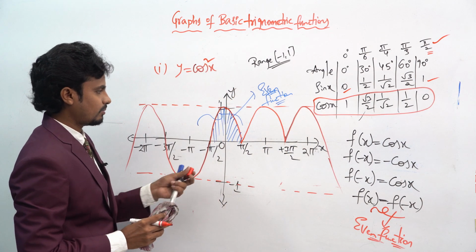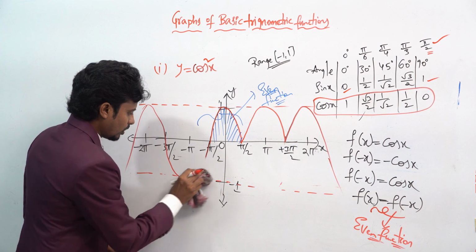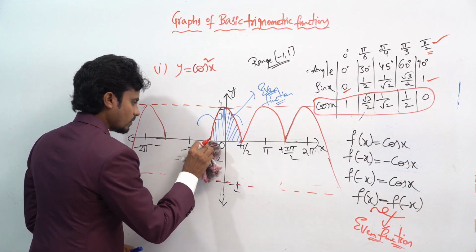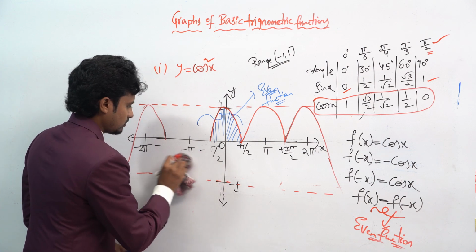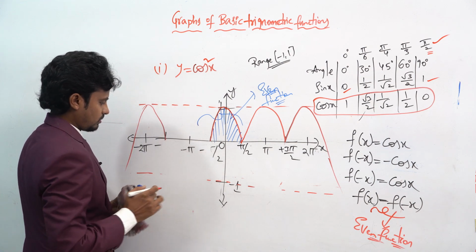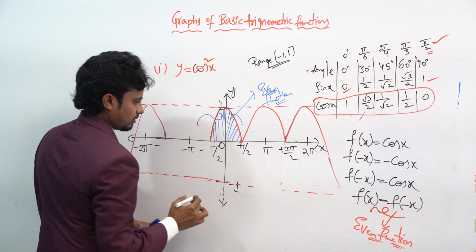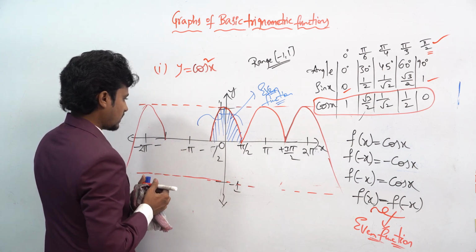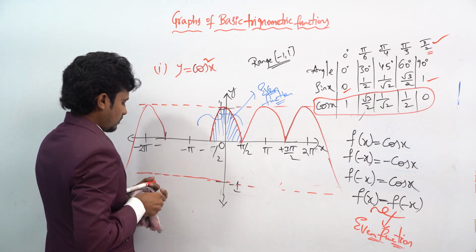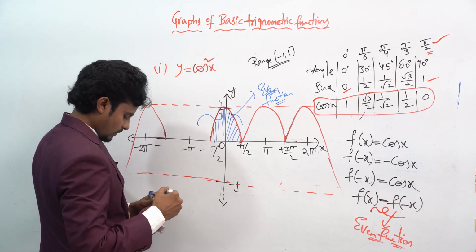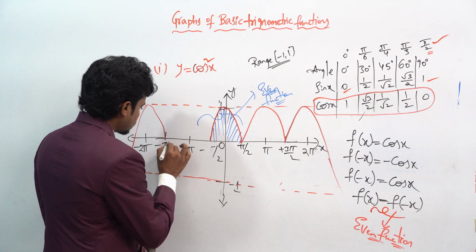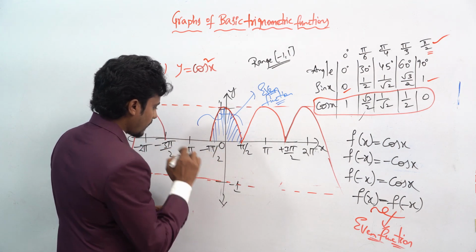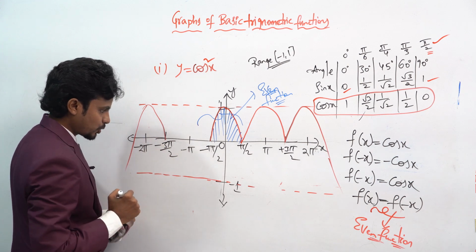Okay, and similarly here also if you want to draw the plot for cos square x, so here this will be the minus 3 pi by 2, and here this will be the minus pi by 2, minus pi, minus 3 pi by 2, minus 2 pi.